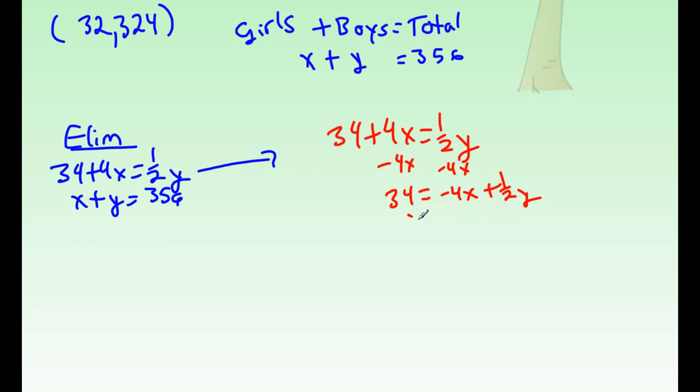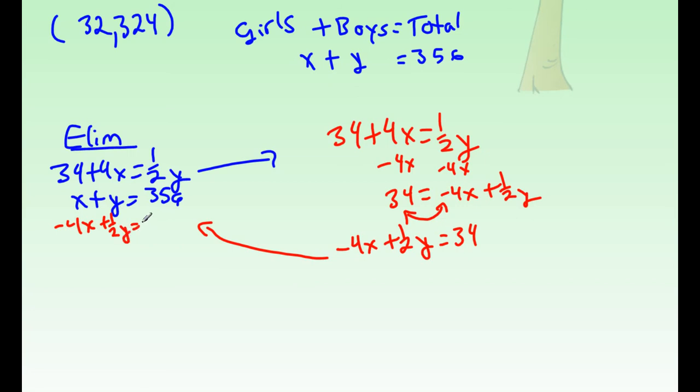If I just flip-flop the two sides, negative 4x plus 1/2 y equals 34. Now it looks like the other one. See what I mean when I said that this elimination method is not always the easiest way to do it?